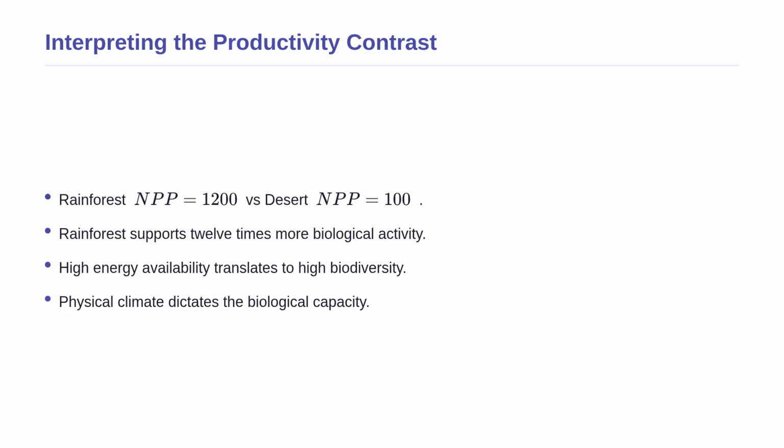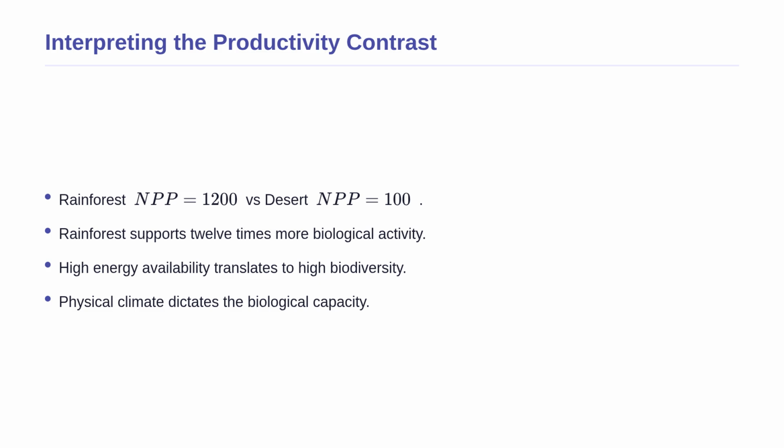By comparing these two mathematical results, we uncover a profound ecological truth. We see a stark contrast. The rainforest provides 1,200 units of energy, while the desert provides only 100.